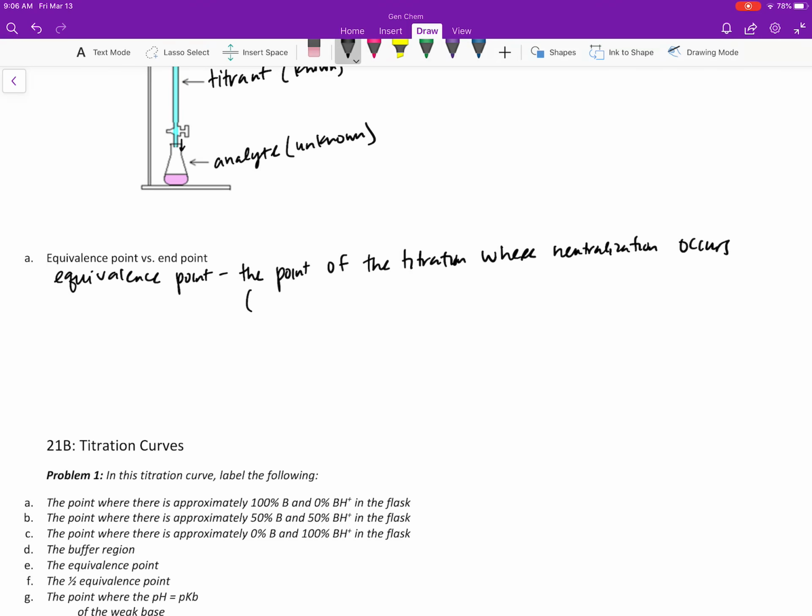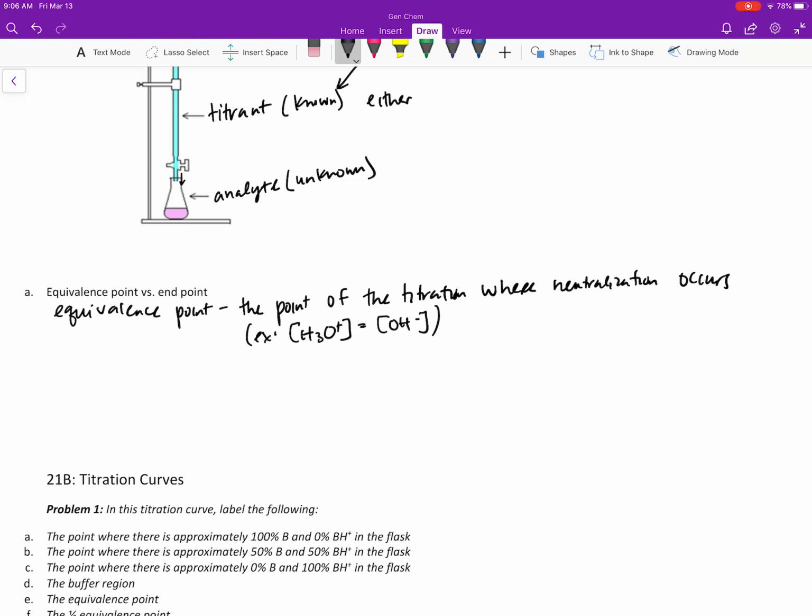So another way of saying this is that hydronium or proton concentration is equal to hydroxide, OH concentration. So up here, the titrant can either be a strong acid, strong base, weak acid, weak base, and the same is true for the analyte, but they're going to be opposites. Either the titrant is an acid and the analyte is a base, or the titrant is a base and the analyte is an acid. It can be done either way.